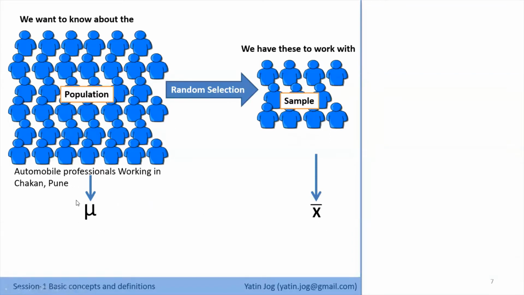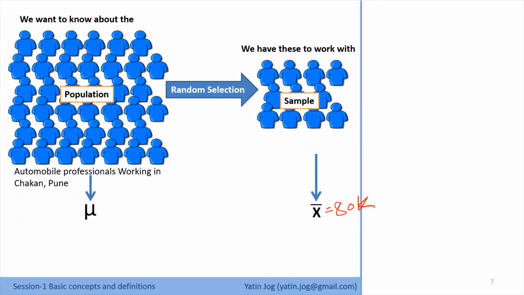So mu is mean or average of population, and X bar is average of sample. So after completing the data collection from 500 objects which are part of my sample, if I come to know that the average of my sample is 80,000, my value of X bar is 80,000, 80K.